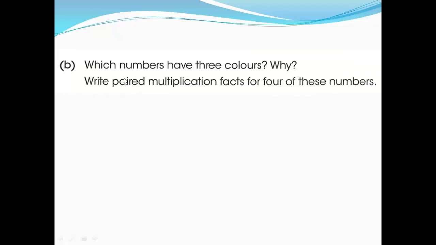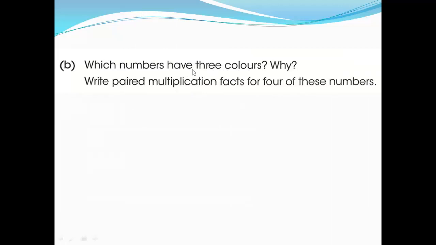Question B. Which numbers have three colors? Okay, in the last question A you saw two colors, now three colors. Similar thing, you need your tables. First of all, from 2 to 10 you write the tables and then color them. Which ones have the same answer, you can make colors.